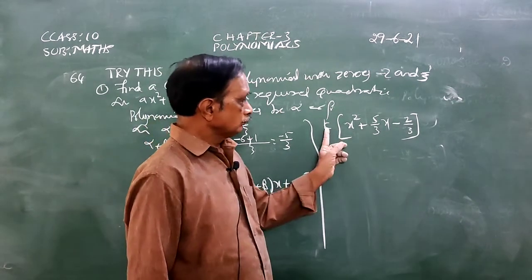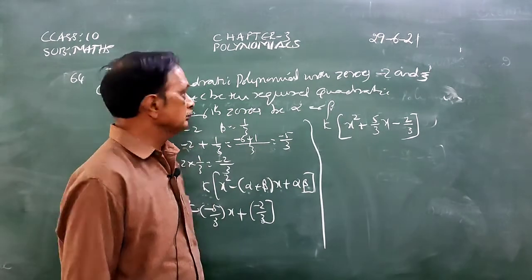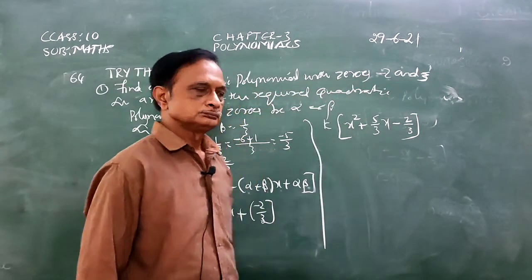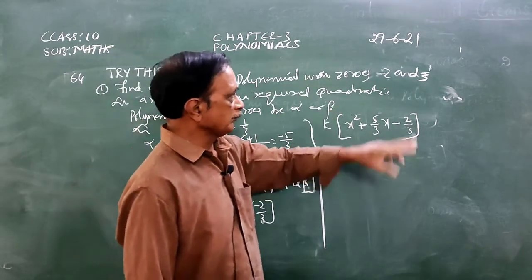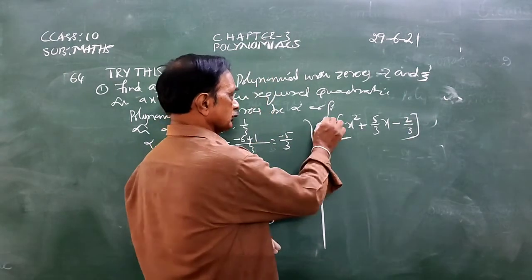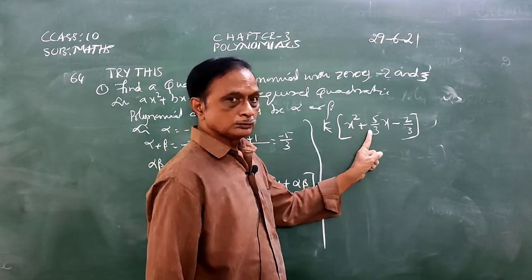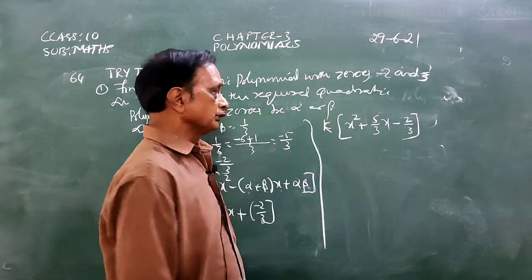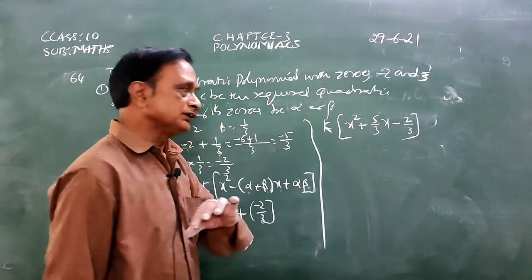Now we can put different values for k and you get different polynomials whose zeros are minus 2 and 1 by 3 only. You take k equal to 6, 9, you get a quadratic polynomial whose zeros are minus 2 and 1 by 3. But we take the simplified one. So we take k equal to 3 to make the coefficients of the terms integral.